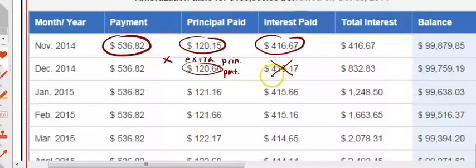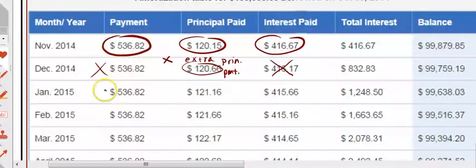So bottom line, you wipe out $416 that you would have paid over the lifetime of that loan. You can do it with auto loans, home loans, making an extra principal payment. So really, you wiped out December's payment. Now you can't skip it; next time you're going on to January's payment.